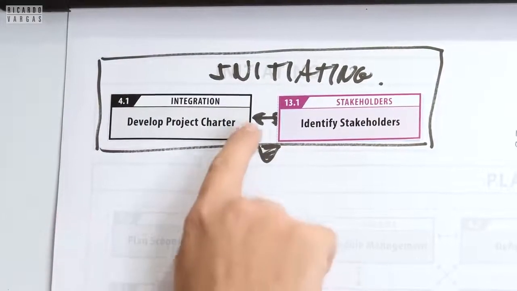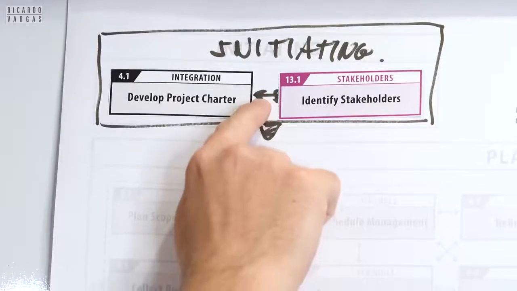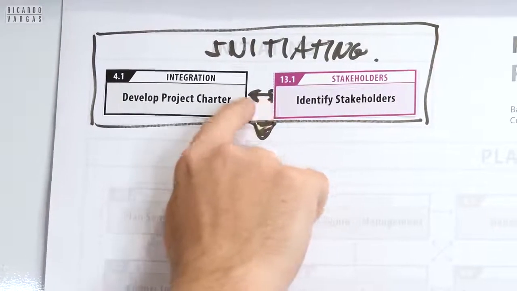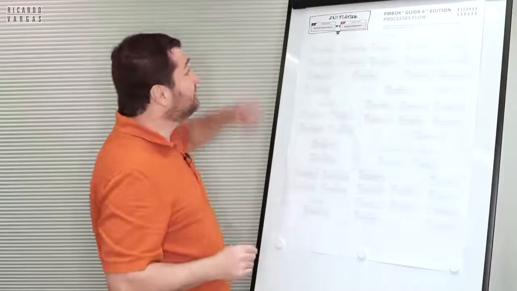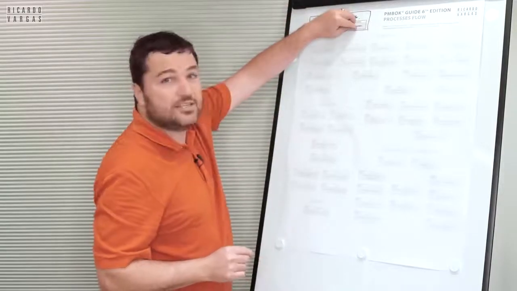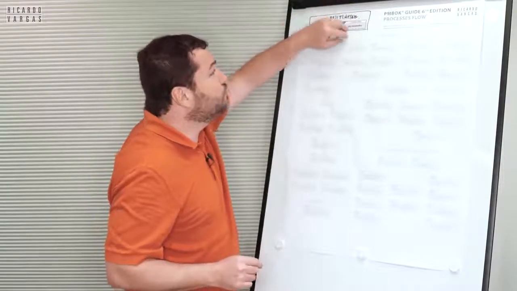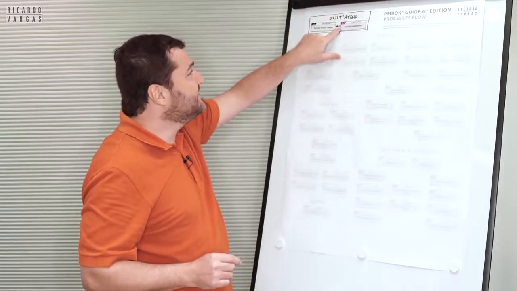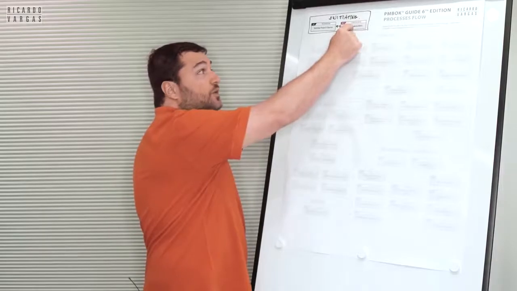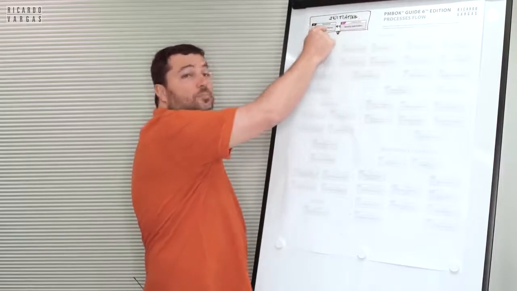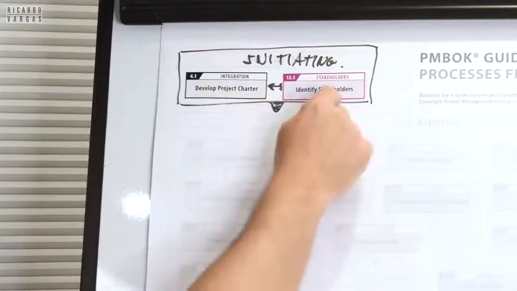One very important point is that a lot of people do not understand this arrow that goes both ways. Why? Because you don't do this first and then this. You do them almost together. And this arrow allows you to go back, because when you identify some stakeholder, maybe you need to revisit your project charter, and vice versa.